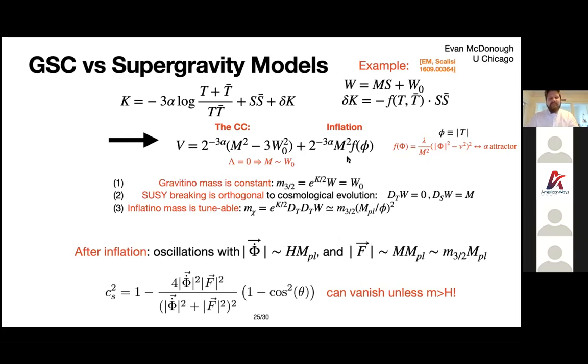Let me just reiterate that for the simple model I wrote down before, the sound speed could vanish. So it's not the most general model, but on the face of it, it's a perfectly reasonable model, and many people have written many papers on models similar to this, and the sound speed can vanish.